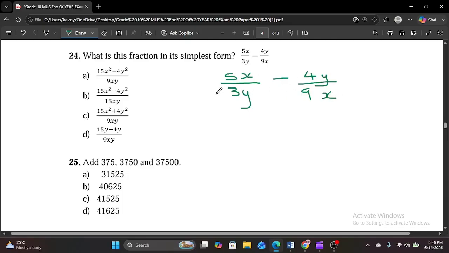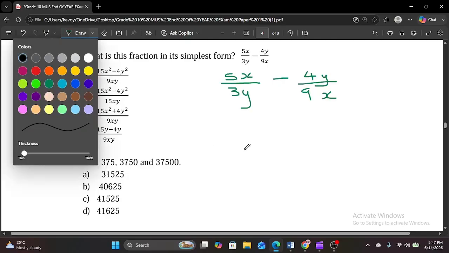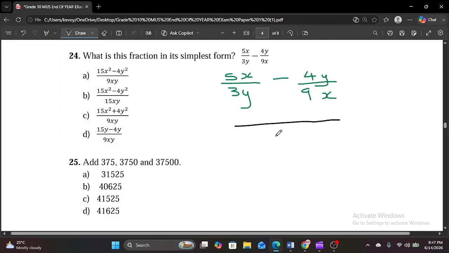All right, so now that we have this right here, first thing that we have to do is find our lowest common denominator. So the lowest common multiple or denominator between 3 and 9, that's going to be 9. And you rewrite your letters, so you're going to rewrite your x and your y.